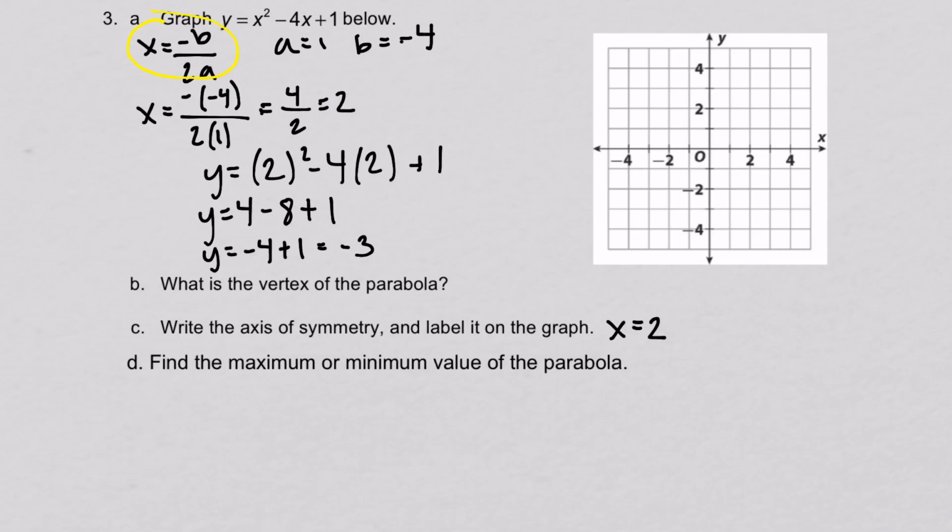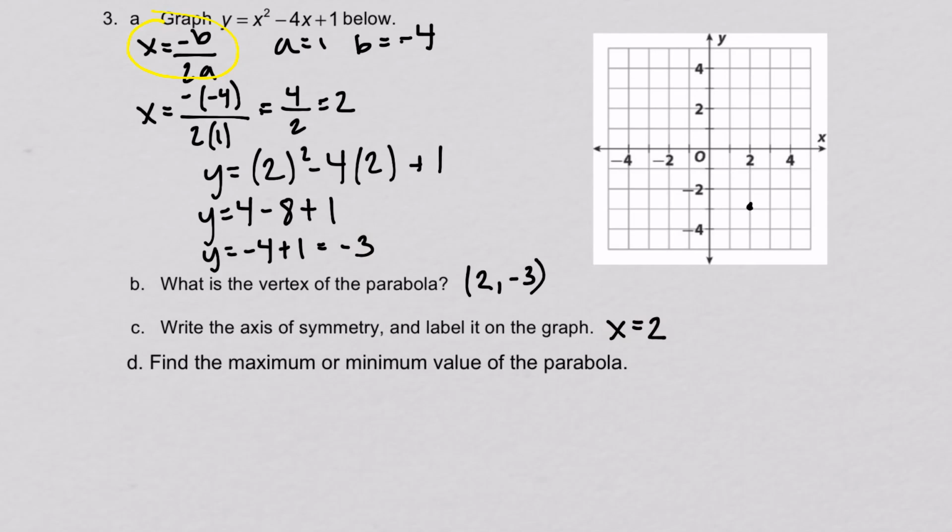So my vertex is 2, which is the x value that I found before, and the y value is -3. That's your vertex. Okay, so what's the vertex of the parabola? 2, -3. I'm going to go ahead and find it on the graph right there.